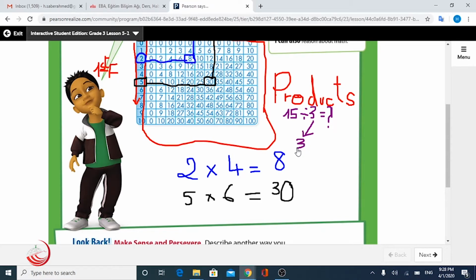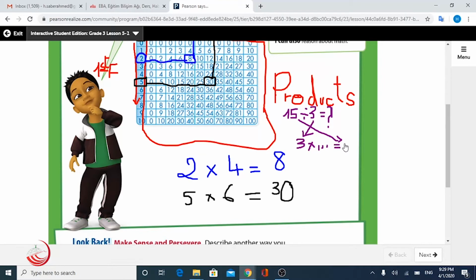This is the first factor of the multiplication. But there is a missing factor, a factor that I don't know. And here we agreed that this number in the first place of the division is called what? Dividend, exactly. This dividend is the product in the multiplication.